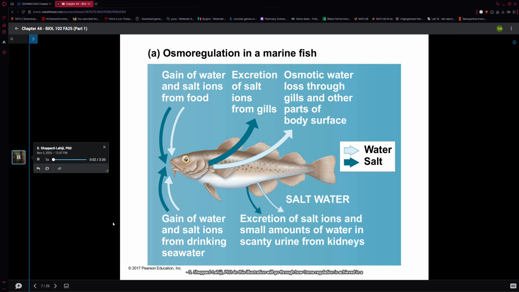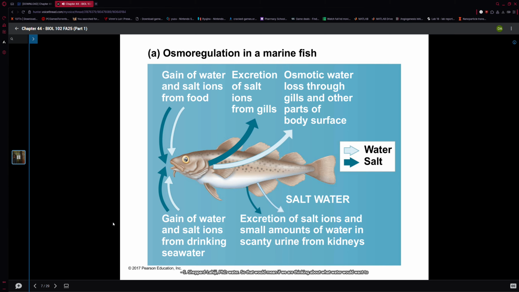In this illustration, we'll go through how osmoregulation is achieved in a marine fish. Now, if we think about our vocabulary terms, marine fish will be hypotonic relative to their environment. So their body tissues, extracellular fluid will be hypoosmotic compared to the seawater.